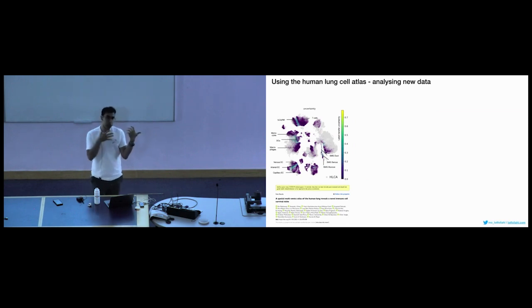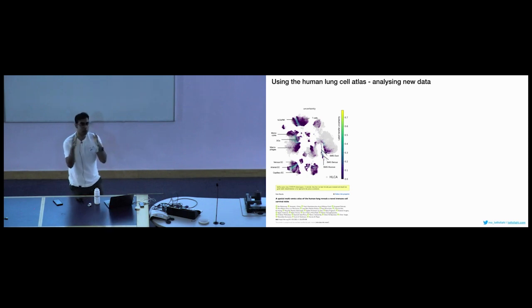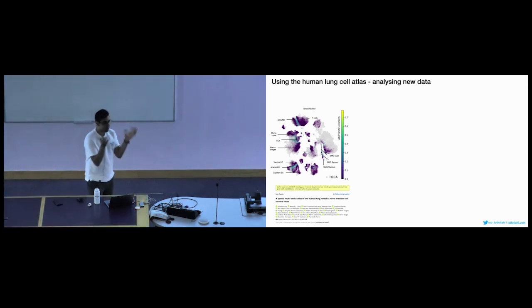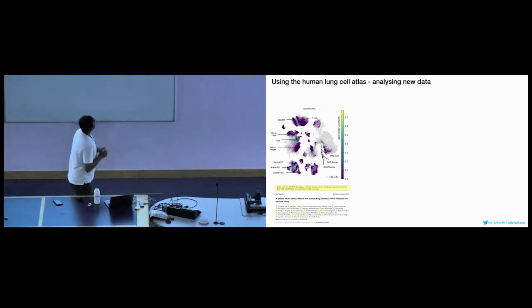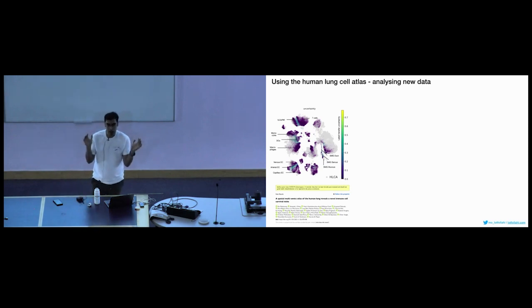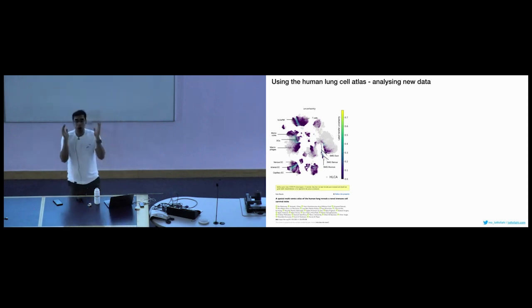What we did in the original paper was cluster the data and identify, okay, these two didn't integrate, and then we had some expert, and I had to do some digging. But the idea was, can you make this more scalable and automatic? The idea was to train a very simple KNN classifier on the latent space, to transfer cell type annotation from the reference to the query.